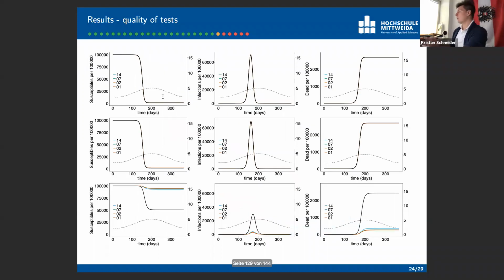Now let's look at the effects on the other parts of the population. So the top row is the general population, the middle row the staff population, the bottom row the risk group population. Again, it's easiest to look at the number of infected. Now, the general population is not affected at all by this intervention. Well, they are not tested, right?